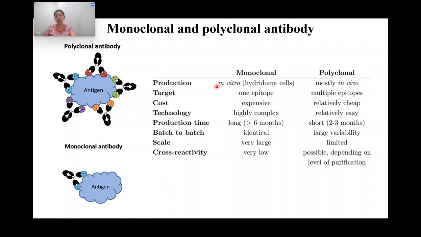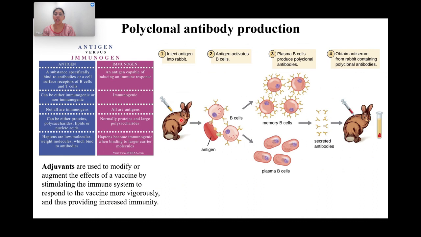Antigen means something which is not from the body, something from outside. So antigen is a substance specifically binding to the antibody or a cell, B cell or T cell. Immunogen is an antigen, however, which is capable of inducing an immune response.